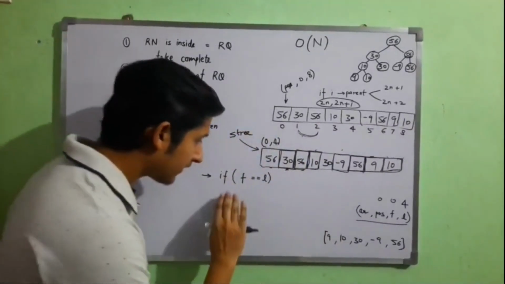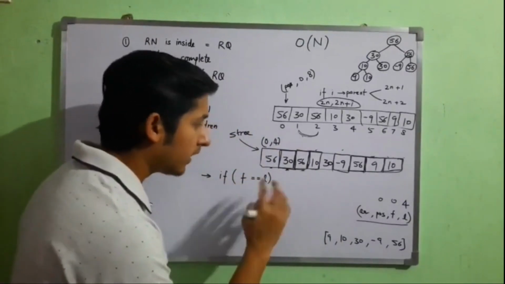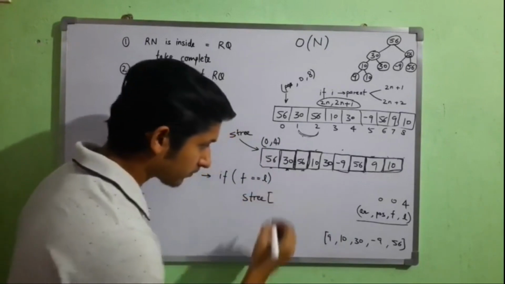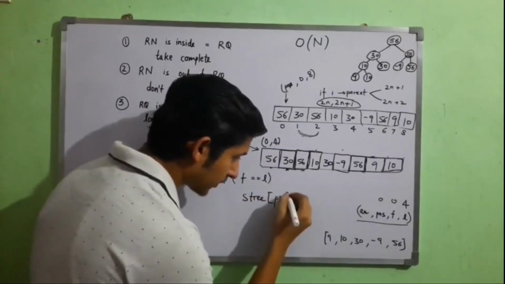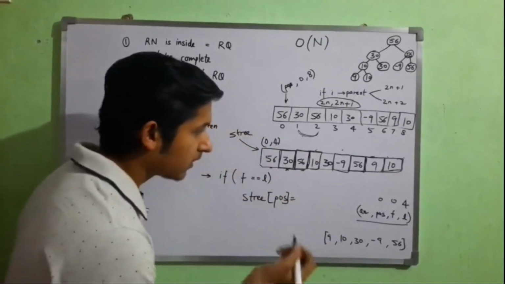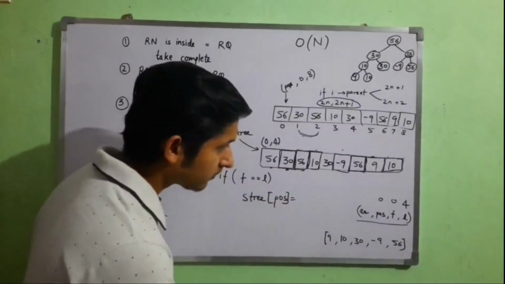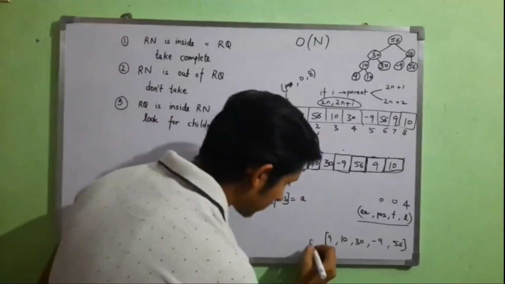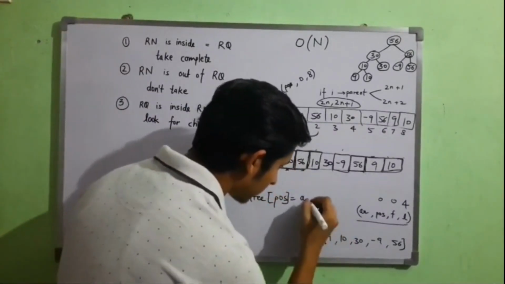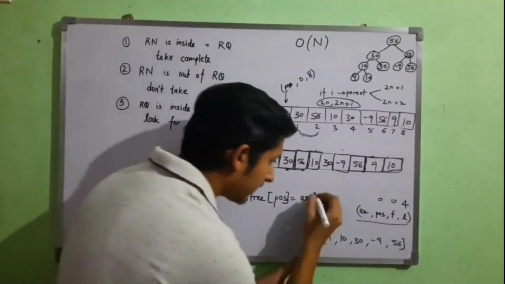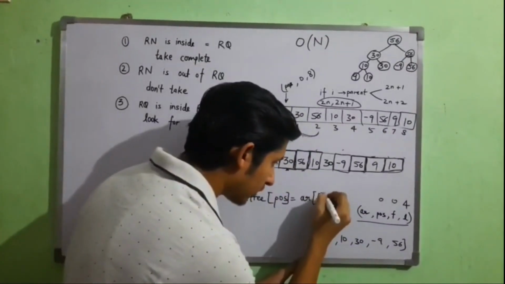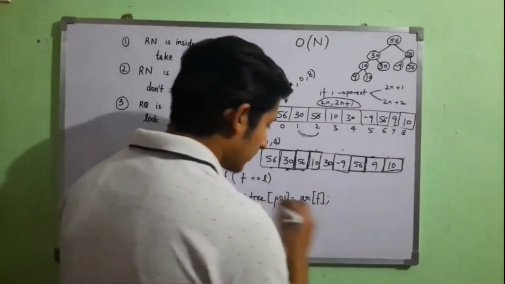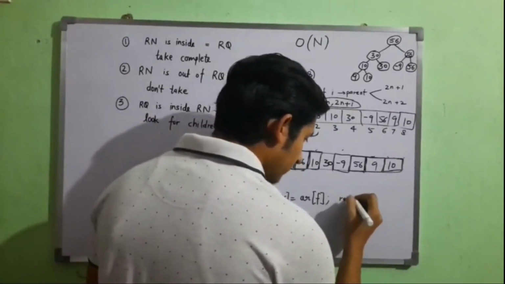So if F is equal to L, then in this array at this position or index, fill AR F. Okay, simple. So when this is equal to this, just fill this and return.